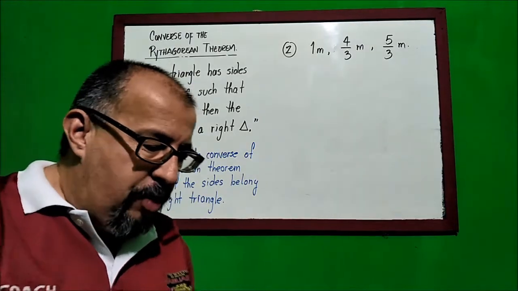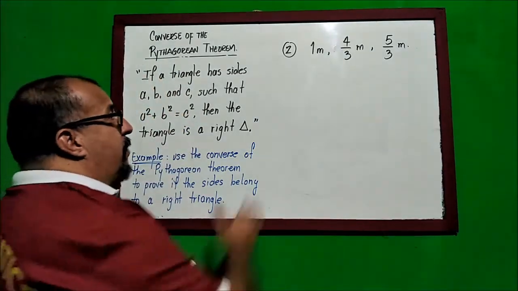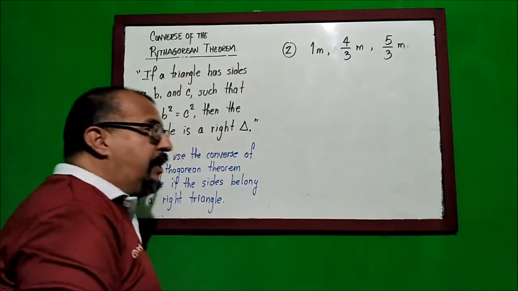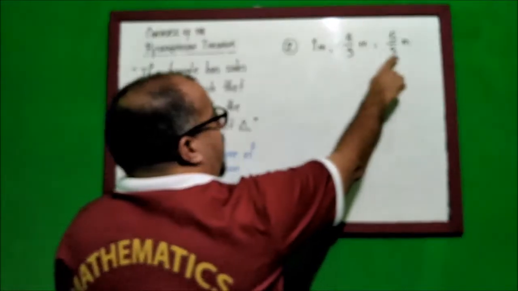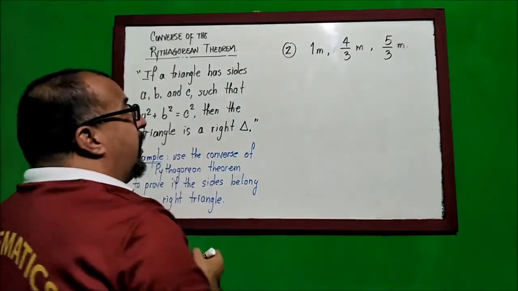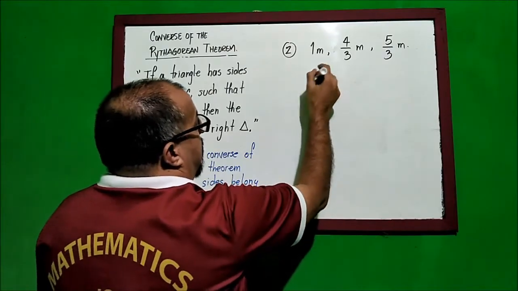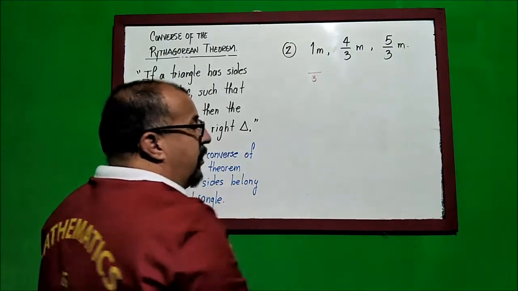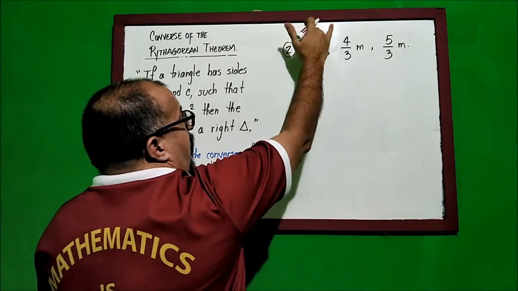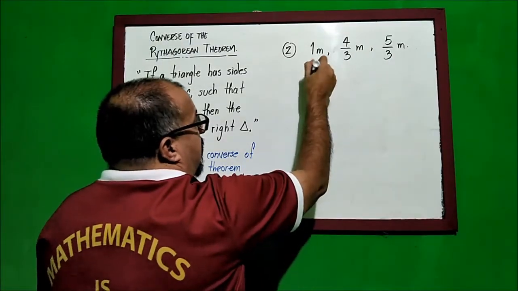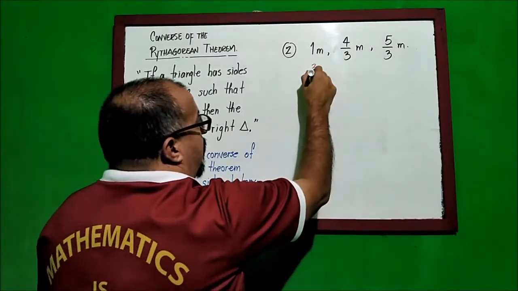So I'm going to look at the denominators that I have in my expressions. Since my denominator is 3, I will write an expression for 1 meter that has a denominator 3. To make this, what I need is another 3 on the top.